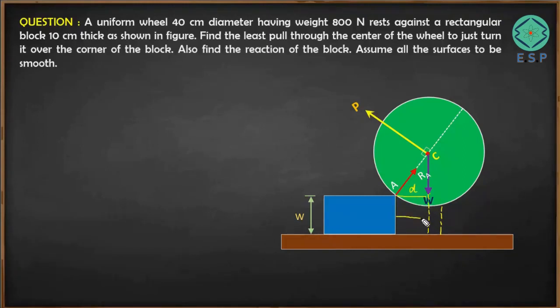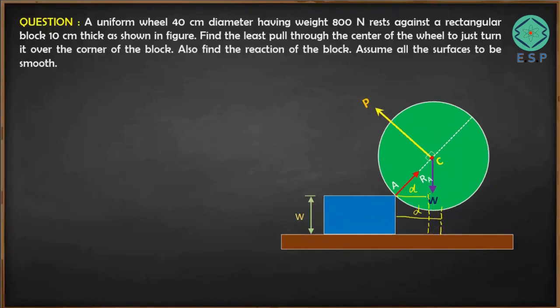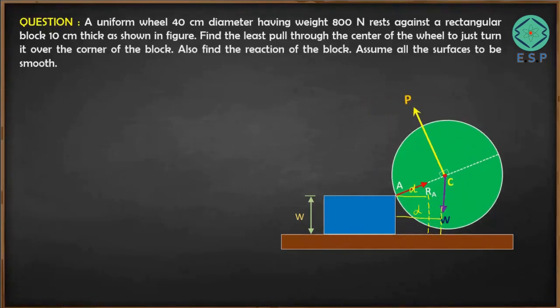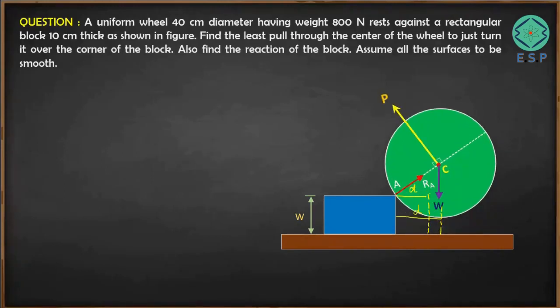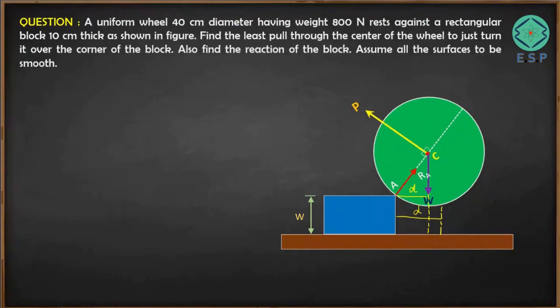Initially it was this much. Okay, now this D is reduced. So as the wheel undergoes rotation, this distance keeps on reducing. As you can see here, the initial position was somewhere here. Now as we are rotating the wheel, the distance of weight is reducing from the point A. So since the distance of weight is reducing, the moment caused by the weight which is trying to prevent the rotation is also reducing.